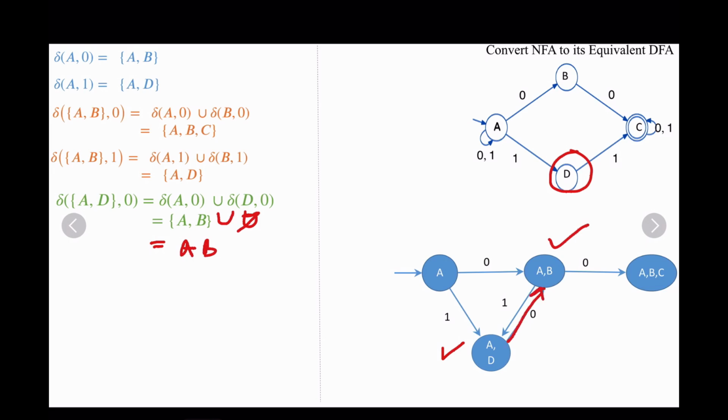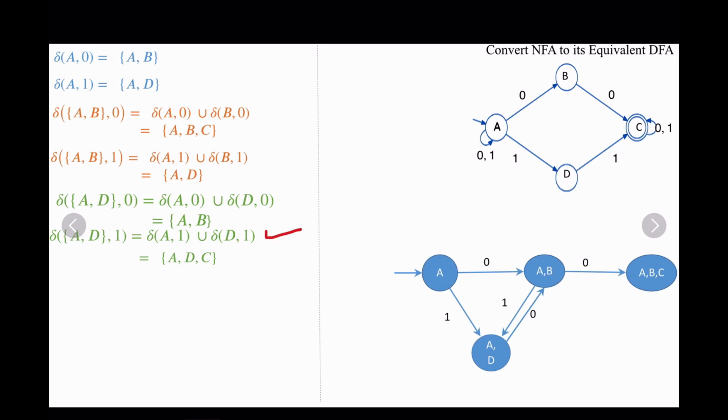Then AD on 1: A on 1 goes to AD and D on 1 goes to C, so we get ADC. So AD on 1 goes to ADC.